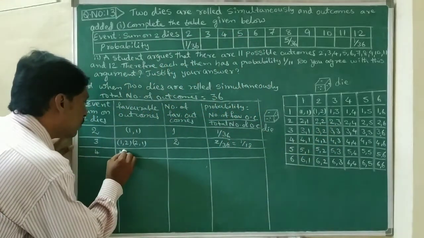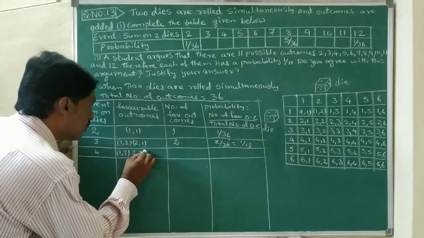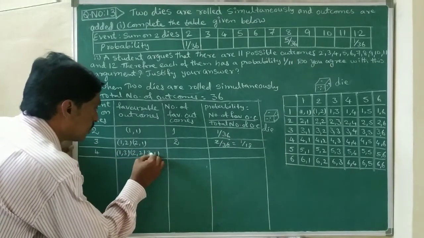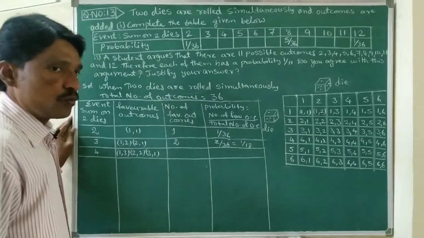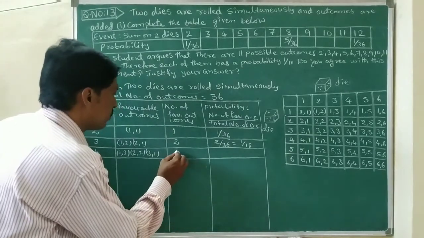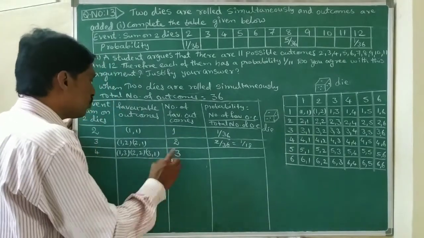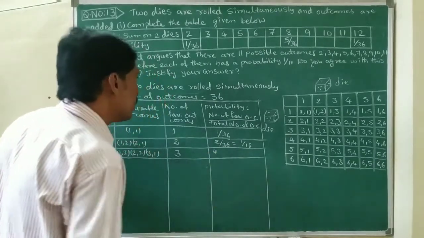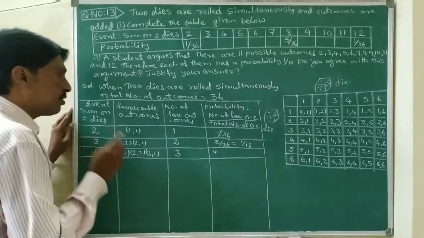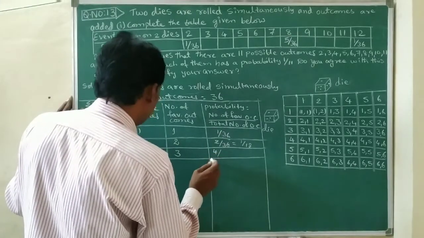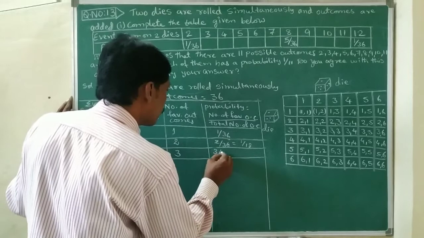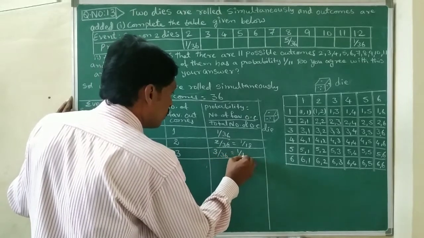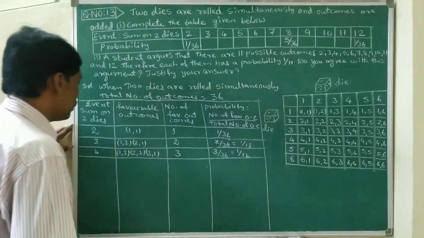Means 1 comma 3, 2 comma 2, 3 comma 1. Total possibilities are 3. So the probability of getting a sum of 4 is 3 by 36, that is 1 by 12.